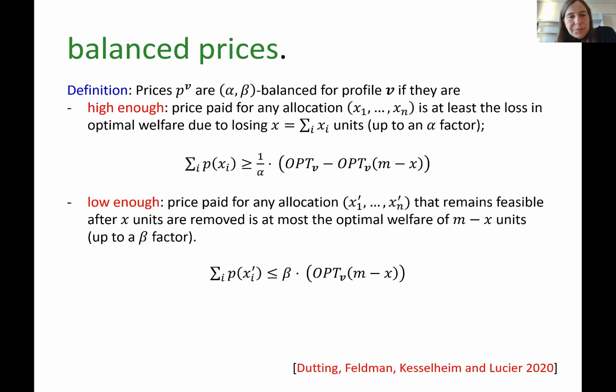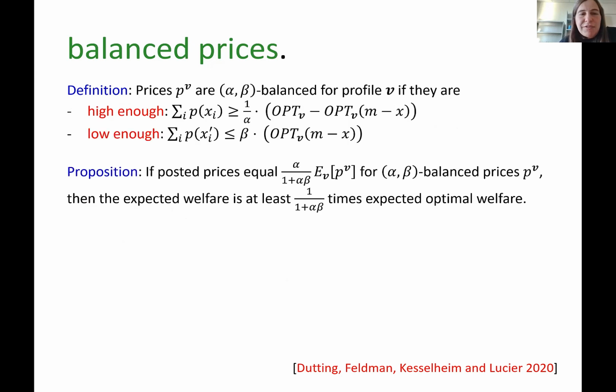Okay, so I don't have time to get into the details of balanced prices, but basically there are some properties that need to hold, and the prices are somewhat delicate, but they just need to be set well. And if they're set well, then posting these prices is going to give you a welfare guarantee. Again, this is without aftermarkets.